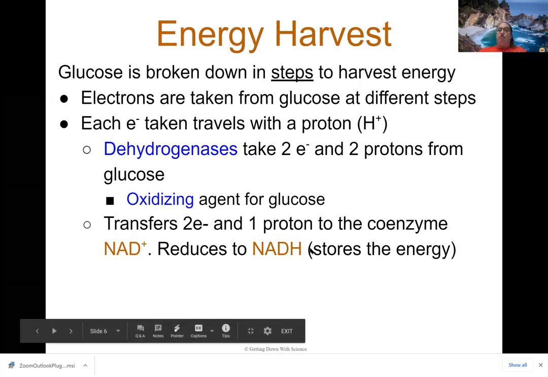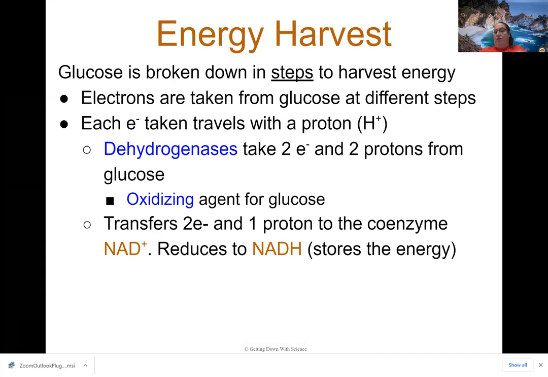This is an energy molecule. This would be like yen. It's still money, but we can't use it here. So NADH is still an energy molecule, but it won't work in the body as one of our key energy sources. We have to have ATP in the body to use as energy source.